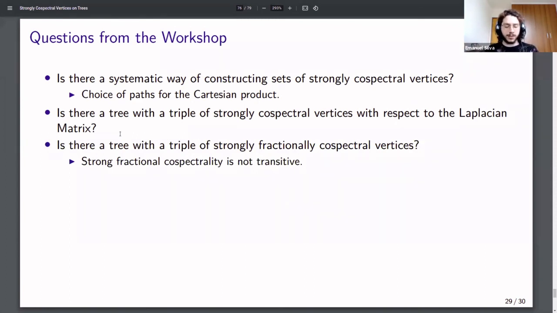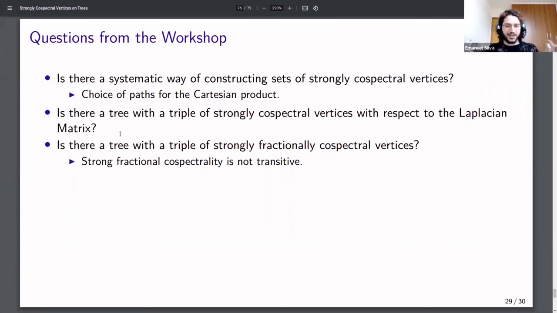So in Mark's talk, he was talking about the path on 5D minus 1 vertices, where the vertex D is strongly fractional cospectral to its symmetrical vertex and also with vertex 3D. So the path is a tree. We have a vertex strongly fractional cospectral with two other vertices. So maybe we have found the triple.